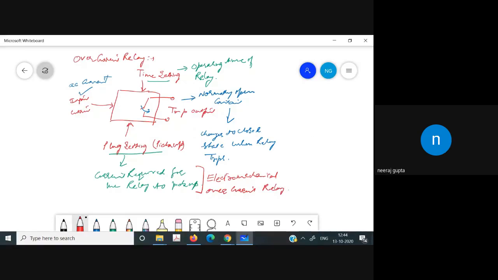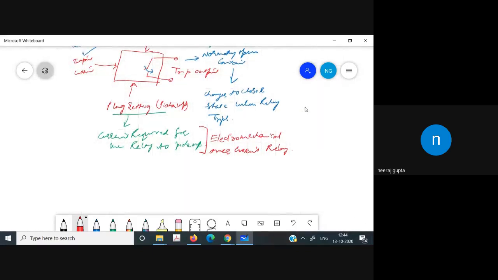Now, in electromechanical overcurrent relays, which were used initially, and now we are using microprocessor based relays, in those days we had to insert a short plug.